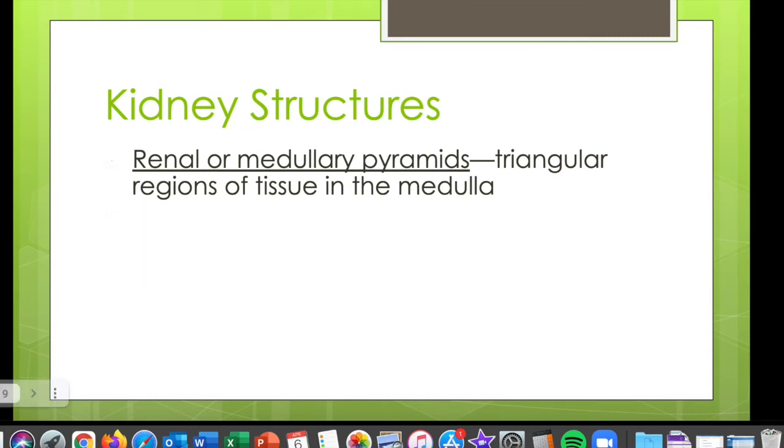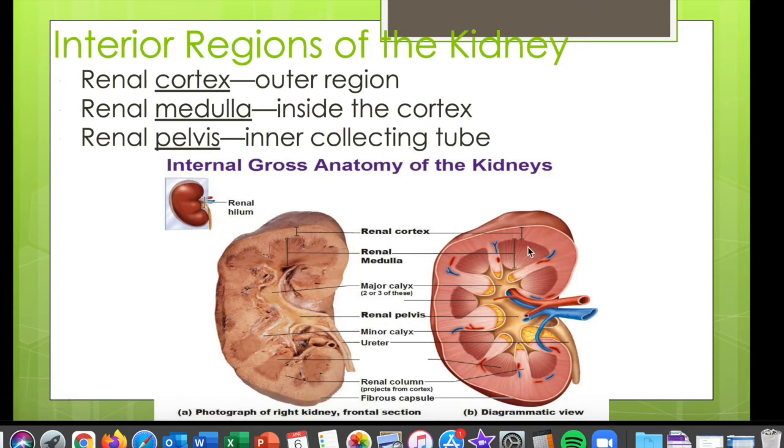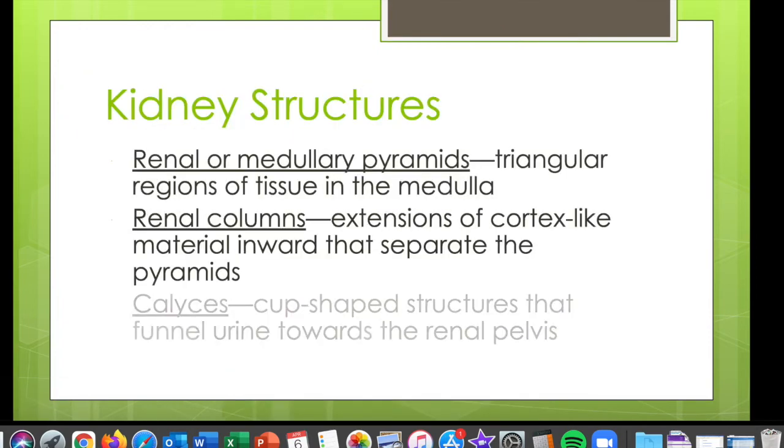So again, if we go back real quick, this area of tissue here in between each of the renal pyramids, you can see it better down here, the renal columns. And then we have calyces, which are cup-shaped structures that help to, again, funnel urine toward the renal pelvis so that it can leave the kidneys.